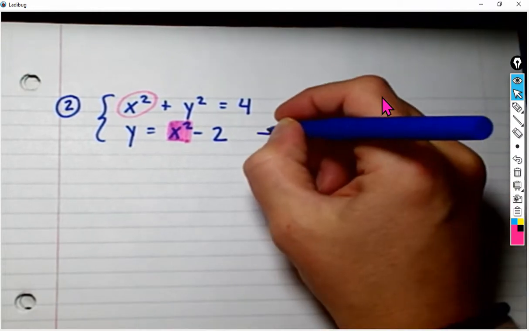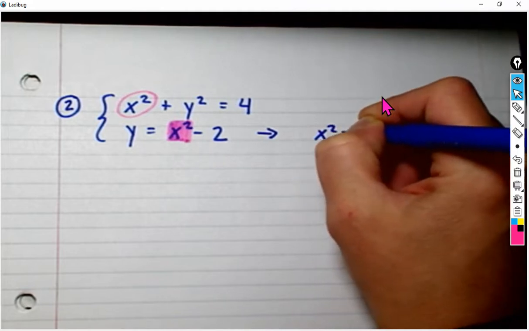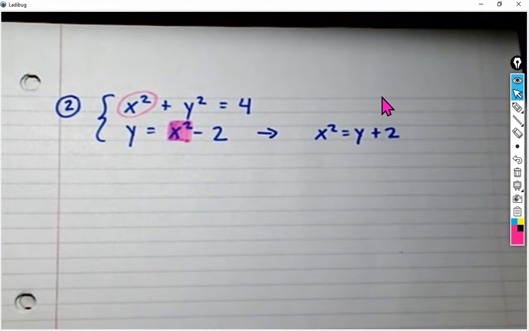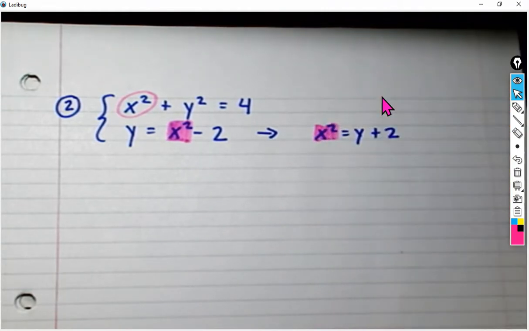Okay, so step 1, x squared equals y plus 2. This is the piece that I am solving for. This is the part you can write.